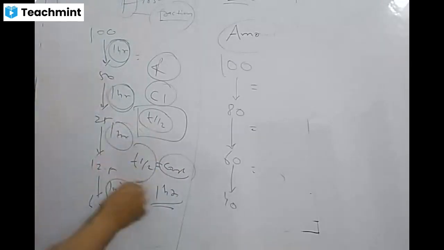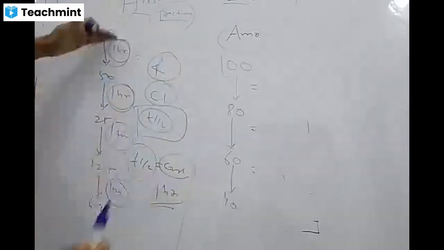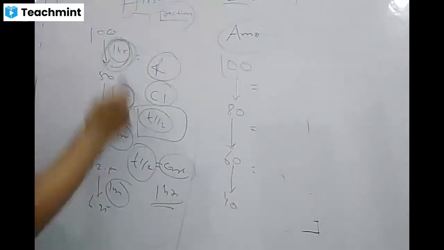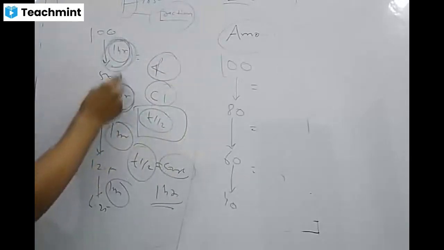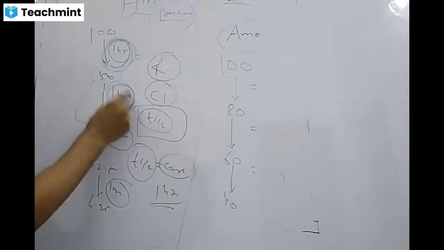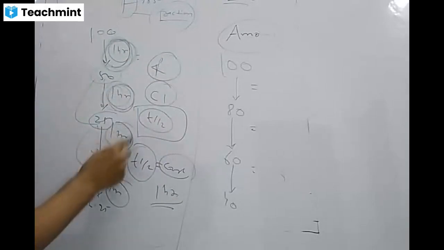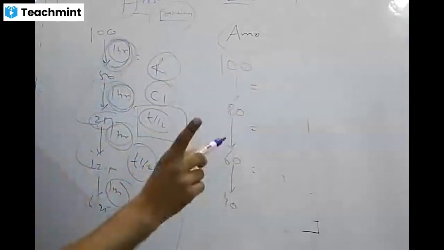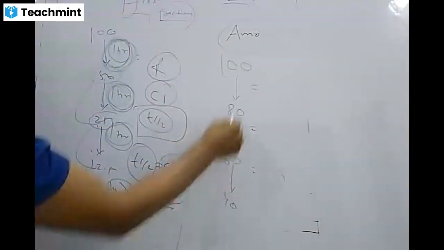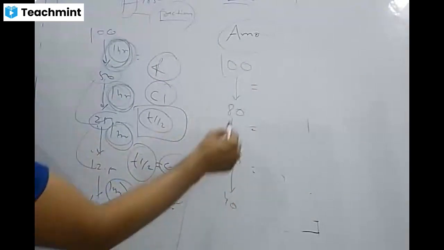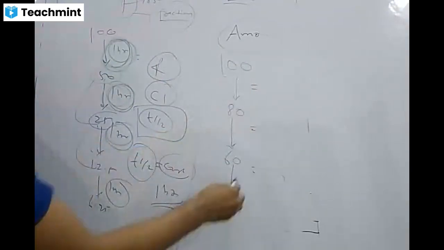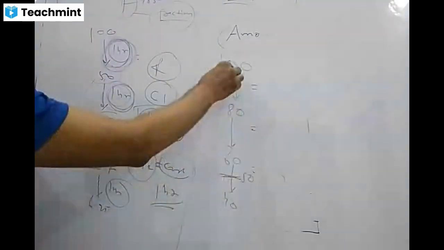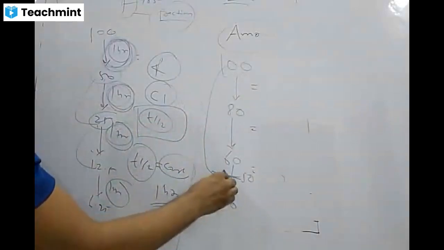Because the definition of T half is the time period in which the drug becomes half. So in the first case the drug becomes half in 1 hour. In the second, 50 to 25, 50% in 1 hour. Again 50% in 1 hour. But in case of zero order, 100 to 80 is not 50%. 50% will lie somewhere here. This is 50. From 100 to 50, how many half-lives will it take?